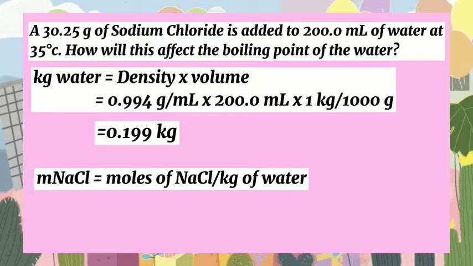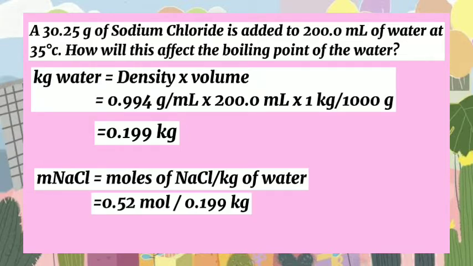After that, we can now solve for the molality of the sodium chloride. That's moles of sodium chloride divided by kilograms of water. 0.52 mole divided by 0.199 kilogram is equal to 2.61 mole per kilogram.